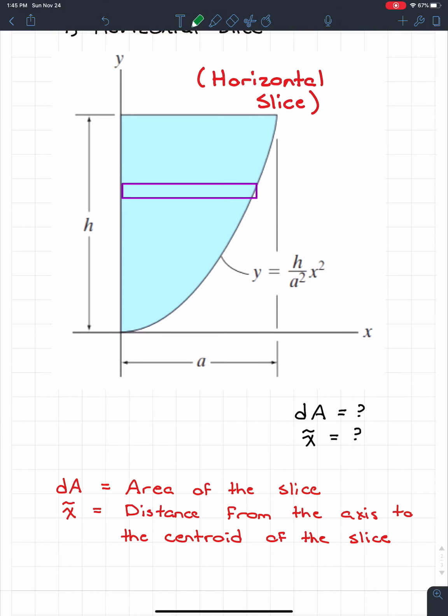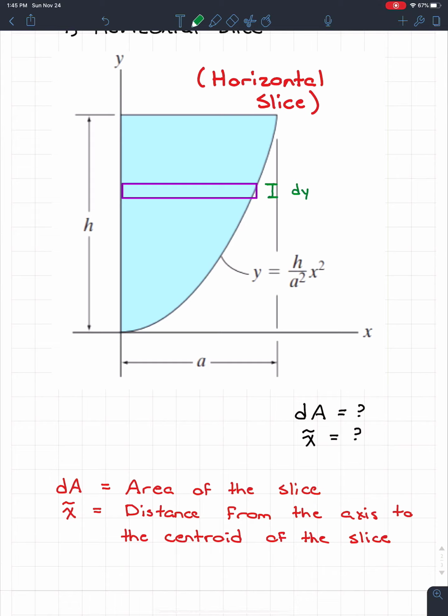Now let's do this in green. So the thickness of the slice, this will be your easiest one. This one right here, we're taking a little fiber along the y-axis. So this thickness right here is going to be dy. And it'll always be like that. If we're taking a horizontal slice, that little thickness will always be dy because we're taking a little element, which we say is dy, along that y-axis.